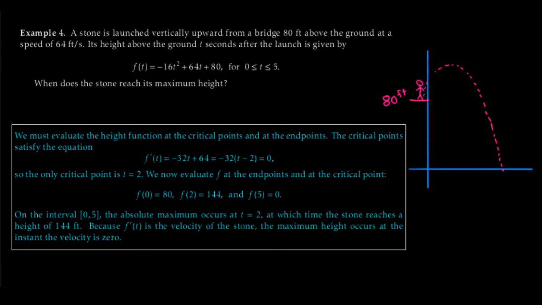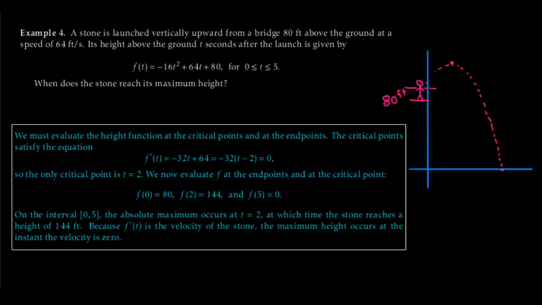So it starts at the height of 80 feet, right there. 80 feet, yeah? And it goes up to some highest point, and then it comes down and hits the ground. So let's find out when the stone reaches its maximum height.